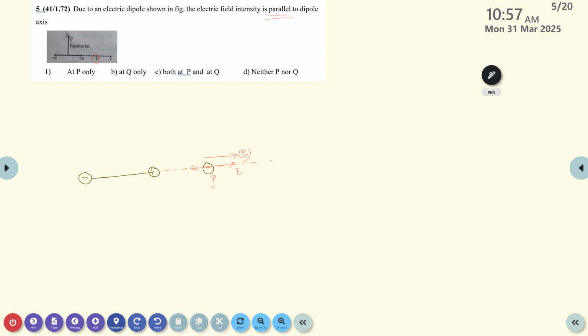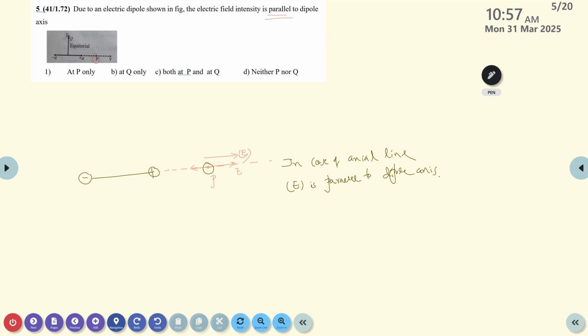In case of the axial line, E is parallel to the dipole axis. Good. Okay, at P it is okay.